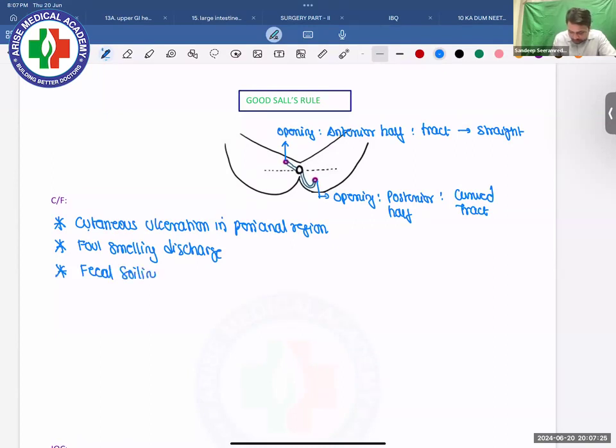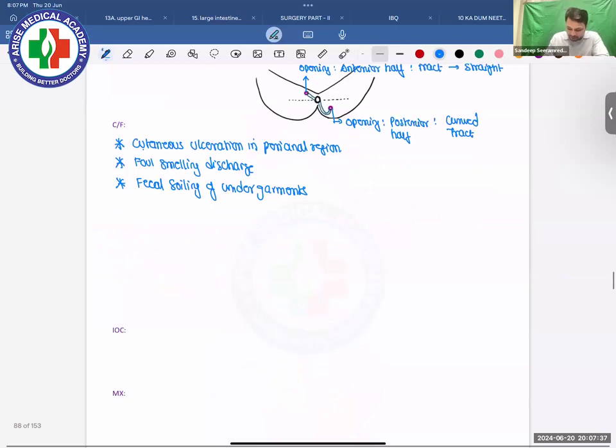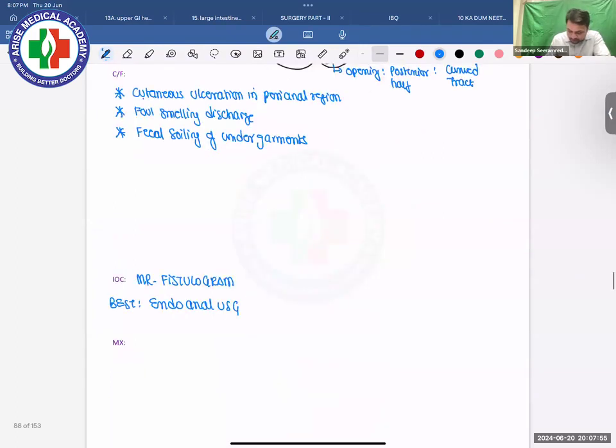Okay. Investigation of choice for the fistula is going to be your MR fistulogram. But if I say which is the best one, it is your endoanal ultrasound. Management is going to be fistulotomy. That is maximum that you should know.